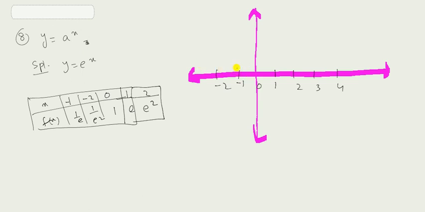So for minus 1 it will be a smaller value. For minus 1 it will be smaller, for minus 2 it will be still smaller, then for 0 it will become 1, then after 1 it will go on increasing, e square, e cube, like this. So the shape will be like this, then it will go on increasing, right?